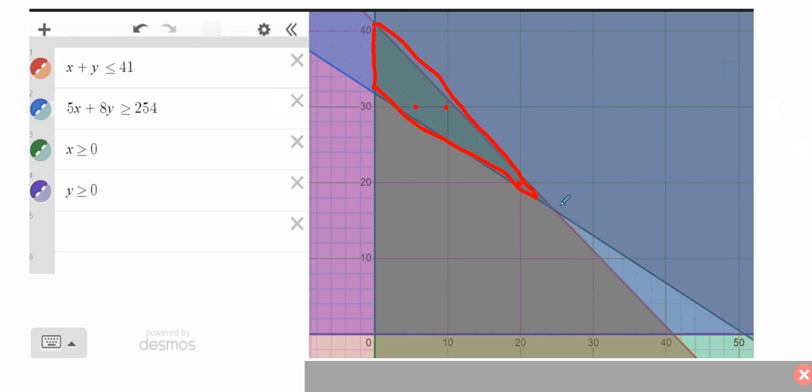This is just a screenshot, so I can't activate that, but it would be easy enough to figure out. Or you could just do a brief hand sketch of the solution region, and then if they ask for points that are in there, pull your answers from the graphing calculator. It makes it way easier to pull it from Desmos than to try to figure out each one at a time.